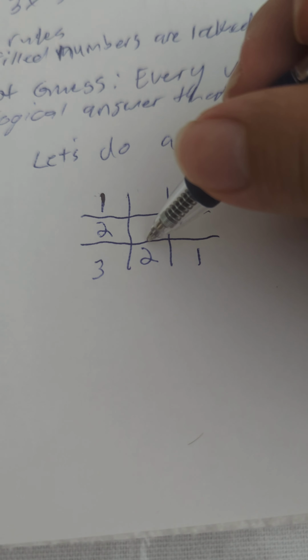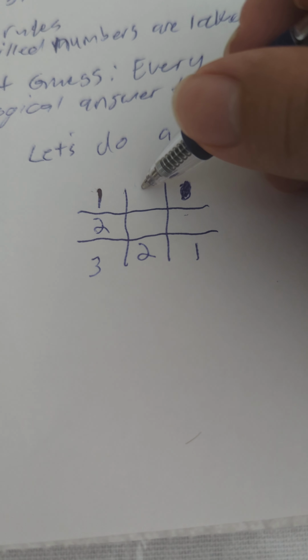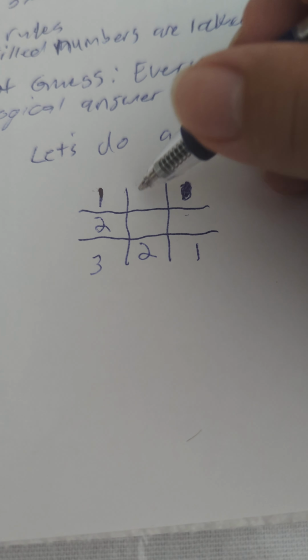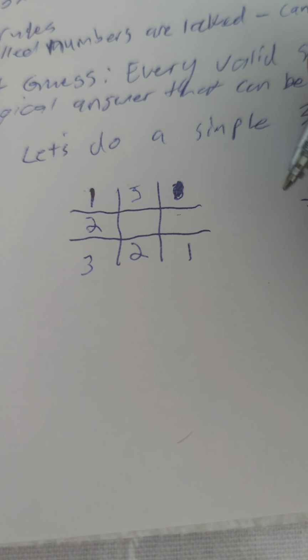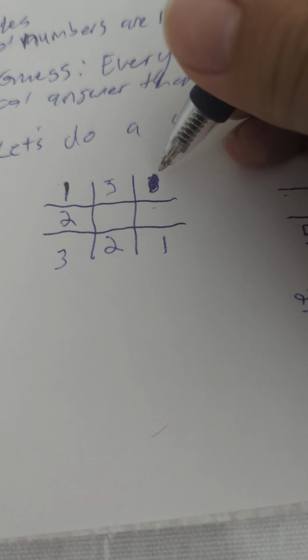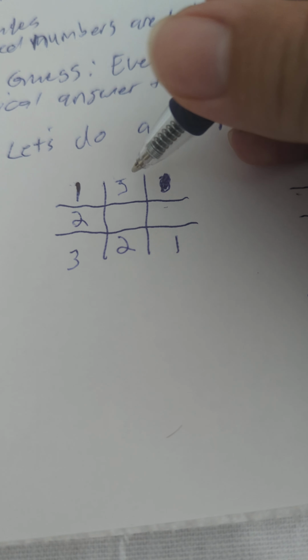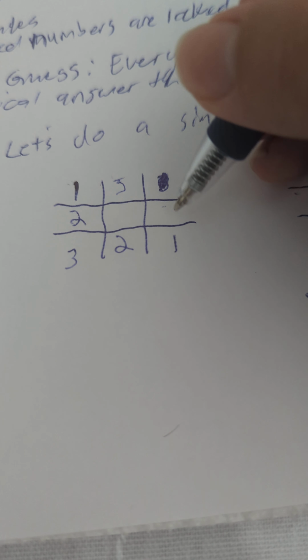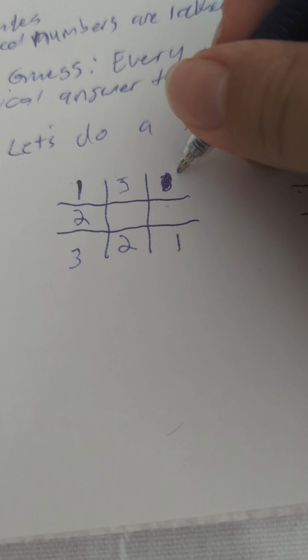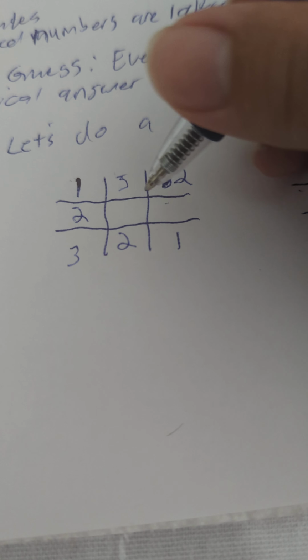So we know that 2 has already been here, so we can't put a 2 here. This must logically be a 3. And we know that we have 1, 3 in here, but there's no 2 here yet. So we logically know that this must be 2.